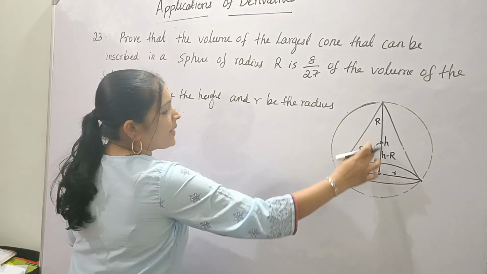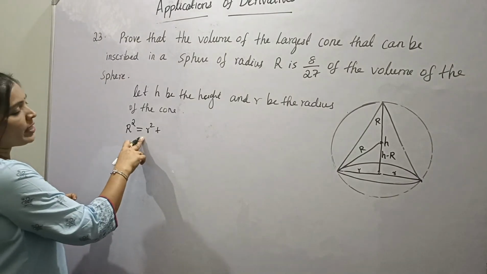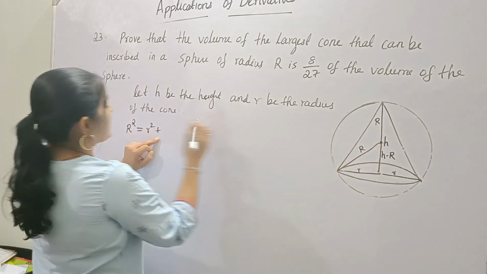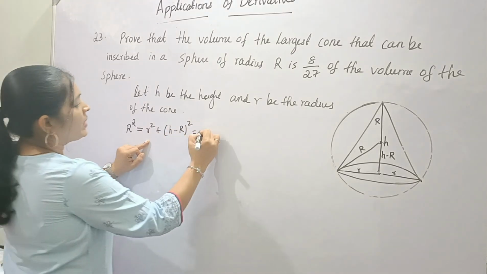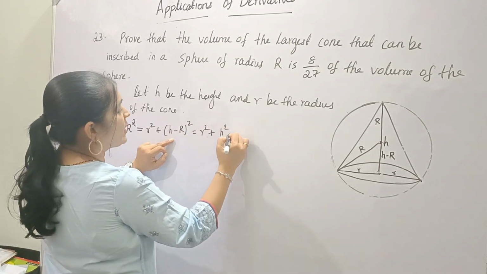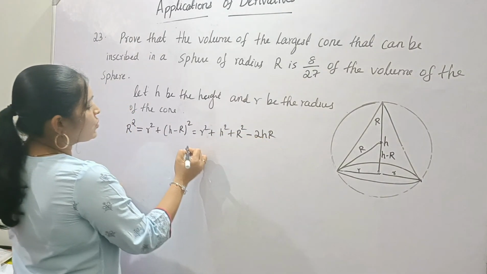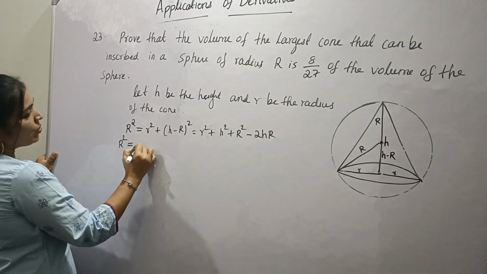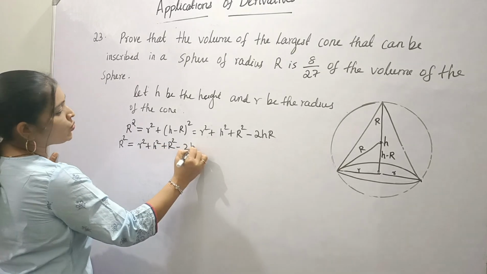Consider this right angle triangle. By Pythagoras theorem, R square is equal to small r square plus (h minus R) whole square. Let's simplify: (h minus R) whole square is h square plus R square minus 2hR. So R square is equal to r square plus h square plus R square minus 2hR.